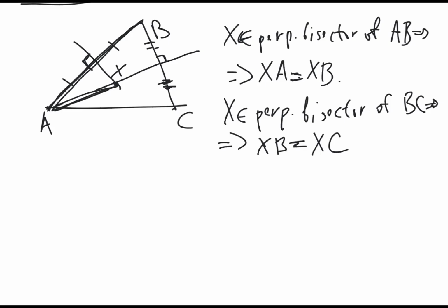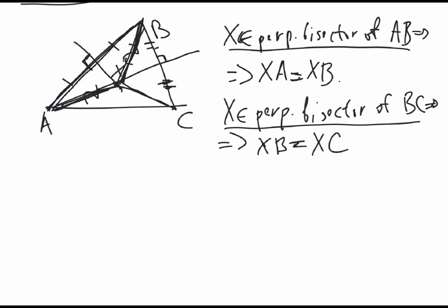So we consider these segments. From the first, because it belongs to the perpendicular bisector of AB, we conclude that these two segments are equal. And from the second, because it belongs to the perpendicular bisector of BC, we conclude that these two segments are equal to each other.